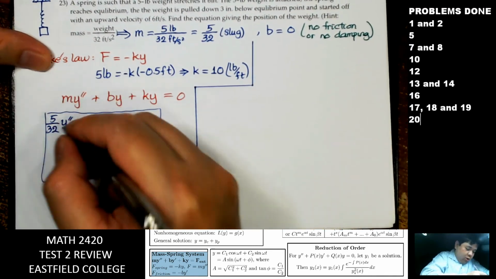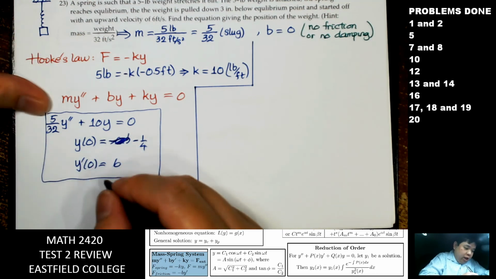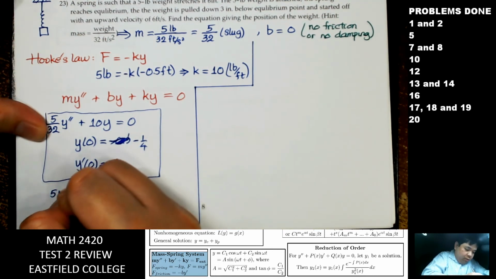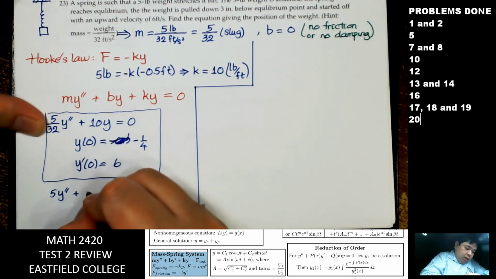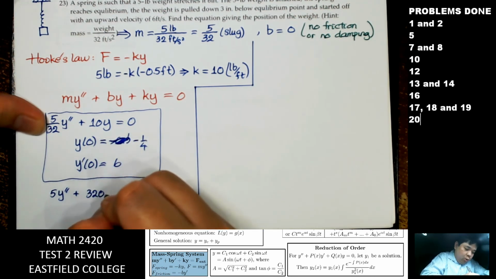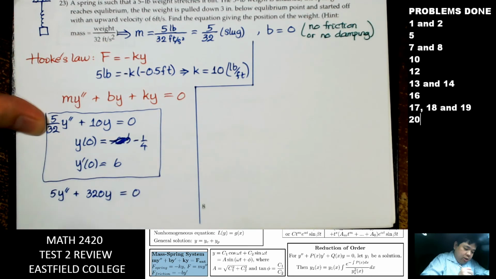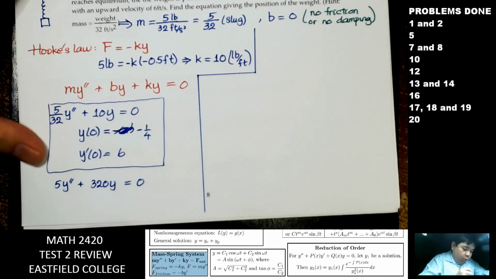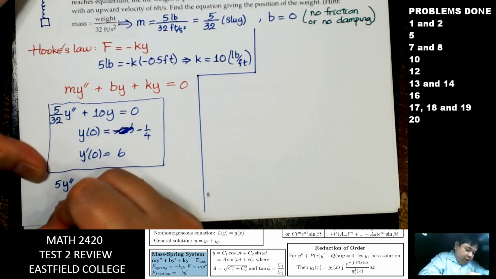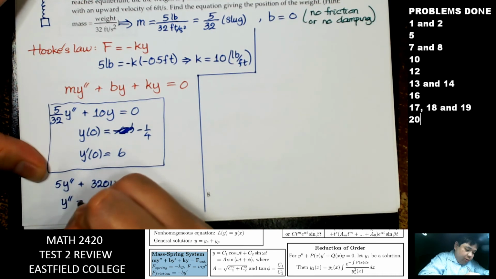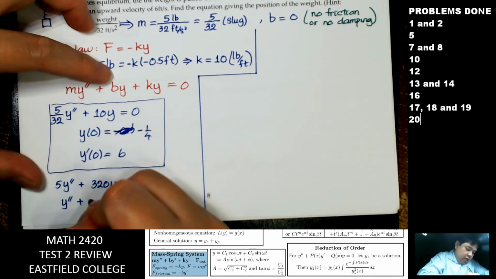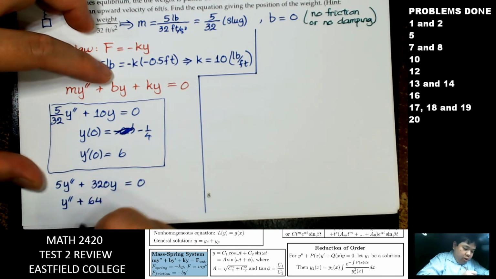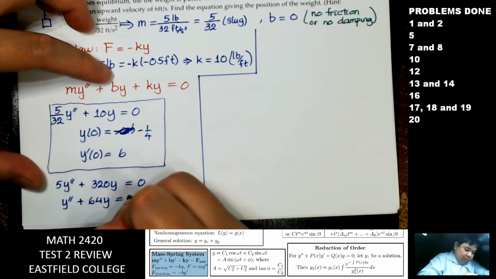So multiply by 32, we have 5y double prime plus 320y equal to 0. Now we divide by 5. 320 divided by 5 would be 64. Convenient.